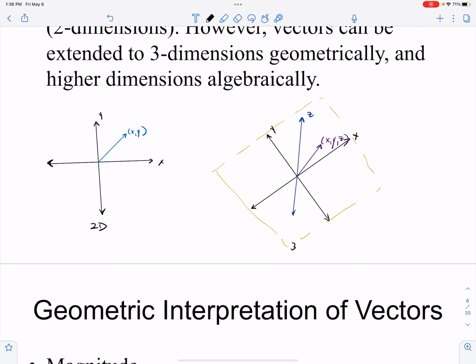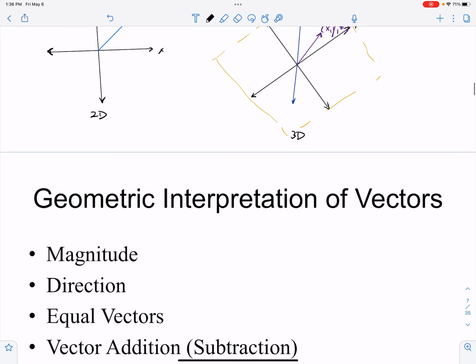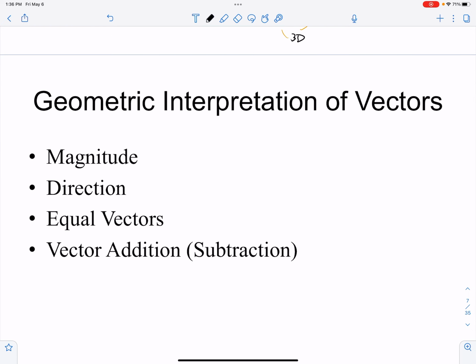So this was my attempt at a 3D picture. We're going to look first at the geometric interpretations of vectors: magnitude, direction, what equal vectors look like, and what vector addition, including subtraction, looks like geometrically. Then we're going to talk about algebra with vectors.